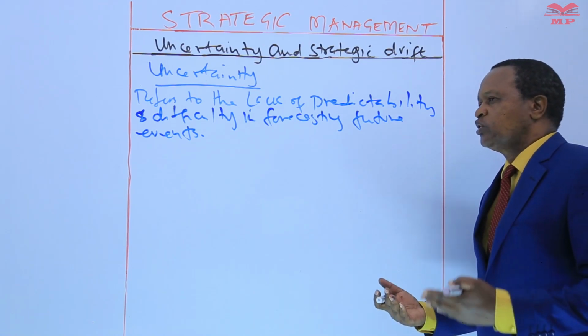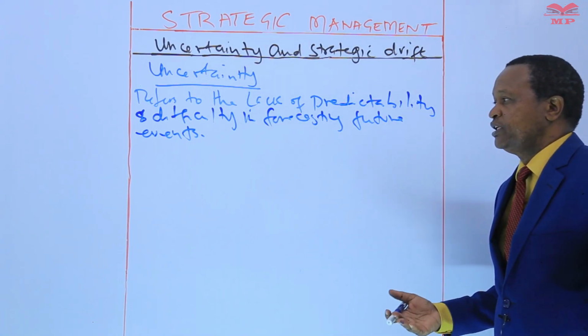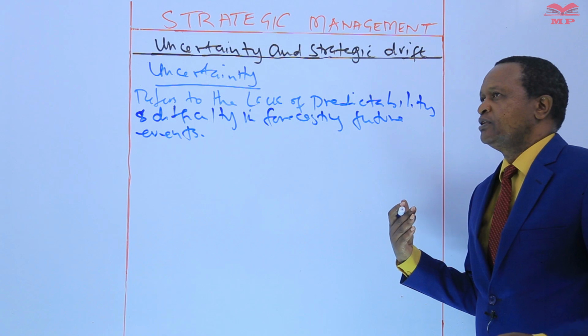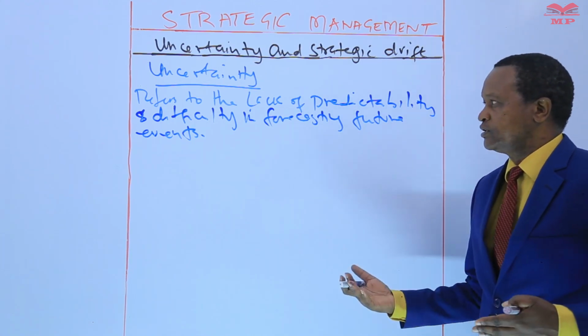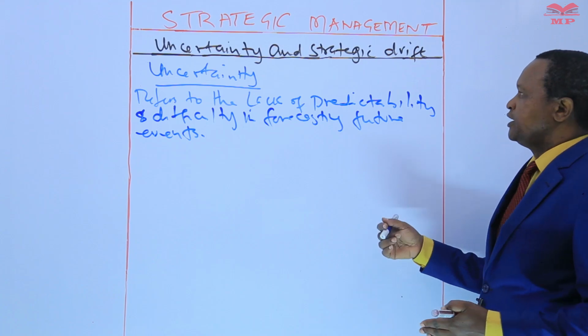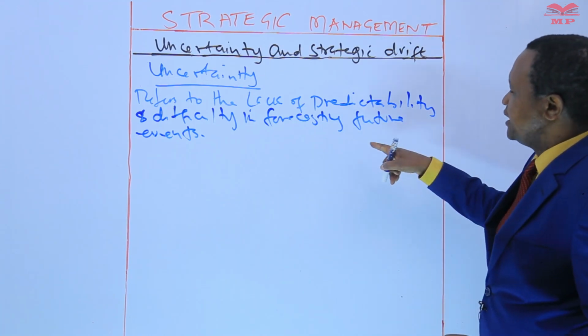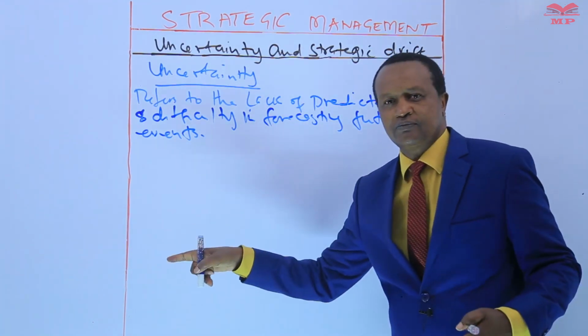Sometimes it's not easy to know what the legal environment will be in future, what will be the technological changes in the environment in future. That can cause lack of predictability in forecasting future events.